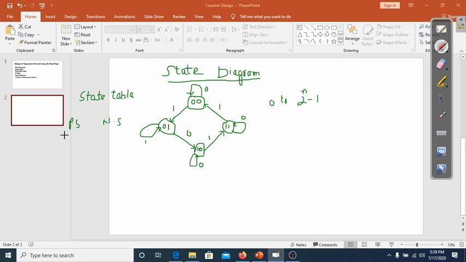Suppose A and B are the present state; these correspond to different bits. The next state depends on the input, and suppose x is the variable I am using for the input. So for x equal to 0 and for x equal to 1.